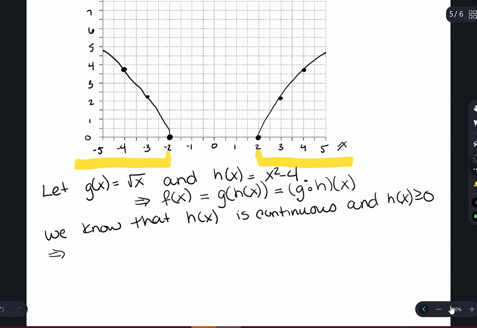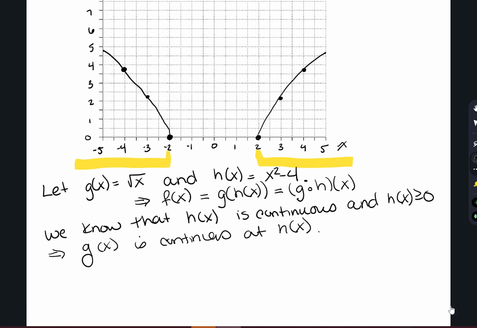So therefore, g of x is continuous at h of x. And we know that because g of x is equal to the square root of x, and the square root of x is continuous anywhere that x is greater than or equal to 0.